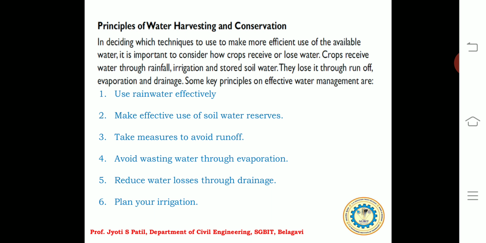And the last principle says we need to plan irrigation. Irrigation is one way of supplementing water from rainfall and soil reserves, but it can waste large amounts of water if not used carefully. A key way of making the most of the water supply is to only irrigate when necessary.